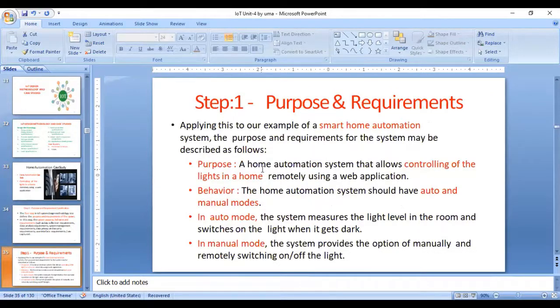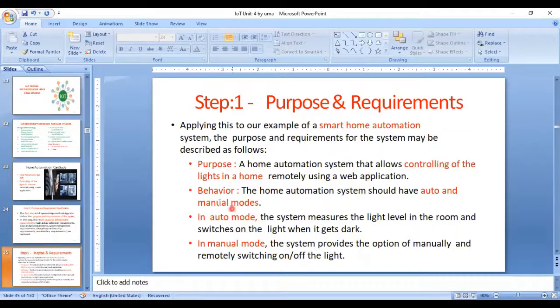Here, the purpose of designing a smart home system is that the home automation system allows controlling of the light in a home. That means whether it is a low level or high level depends upon some criteria. That means you will control the light level remotely by using a web application. That is the main purpose of the home automation system for controlling the light level.